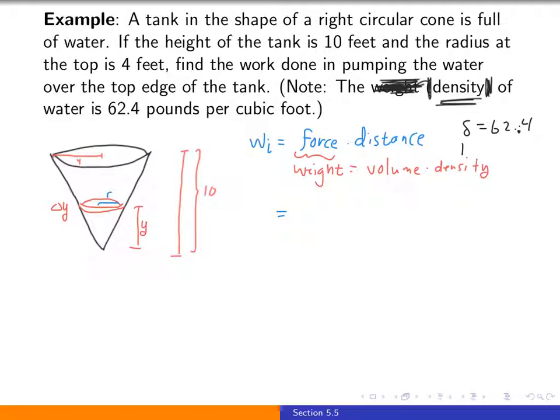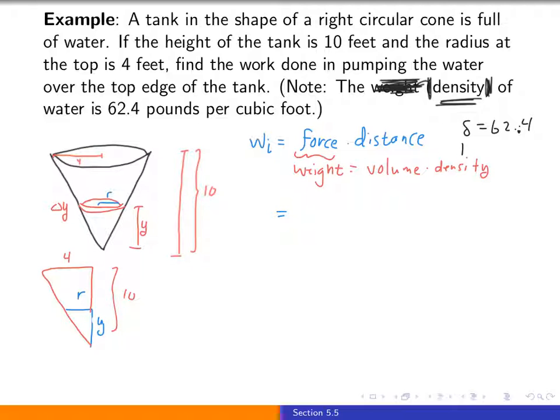And if we look very carefully, just like some other cone problems we've encountered, there are similar triangles in there. So you have this r and y, where y is measuring how far from the bottom of the tank, and then you have the entire height and the big radius of the tank, so 4 and 10.